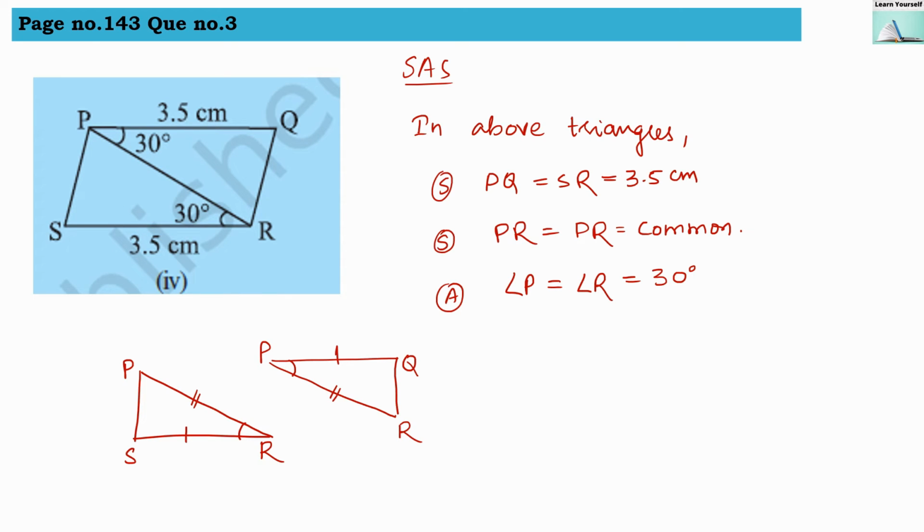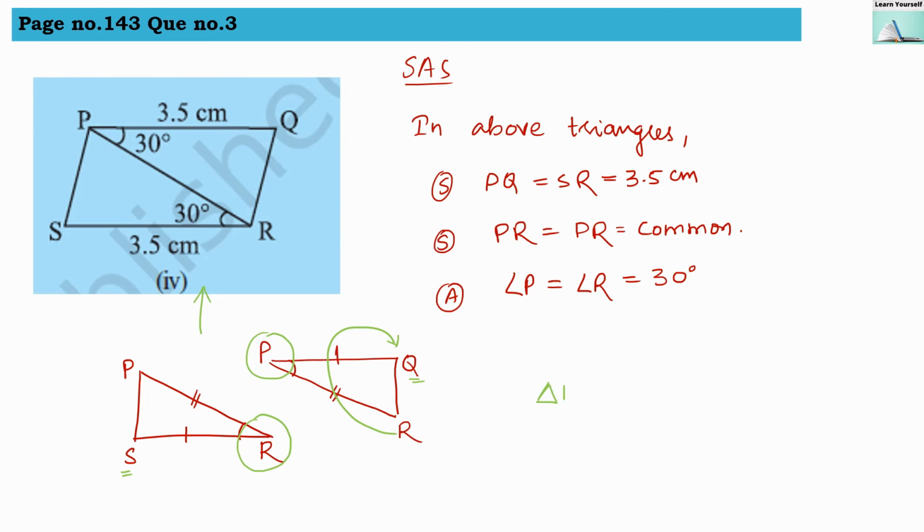Now how to write the name and how to establish the congruency. So these are the two triangles as given above. Now this angle P is in congruence with angle R of this triangle. Here it will be a little tricky because PR is common in these two triangles. Only Q and S are different. So for the first triangle we are writing the name like RPQ in this manner.